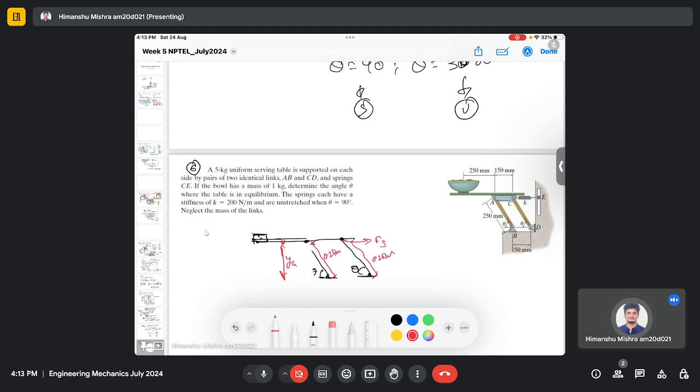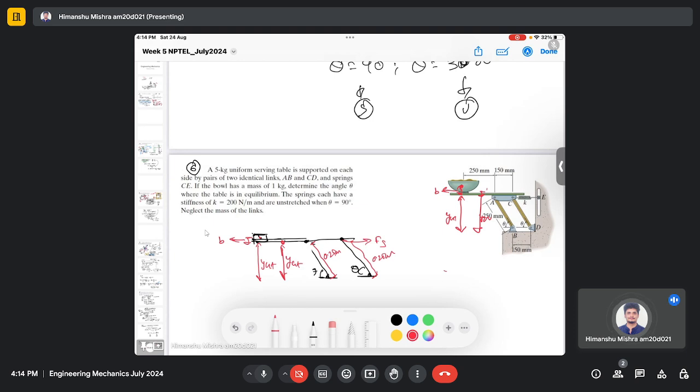this distance is y_GT, and this one is again the same y_GT, and this distance is, let's say, b. It's the distance between the centroid of this bowl and this table. So this is my b, and this is y_GT, and this is also y_GT, and we need to consider this distance as well.